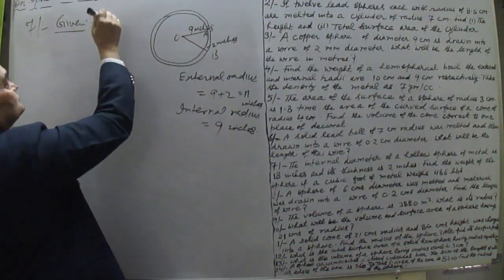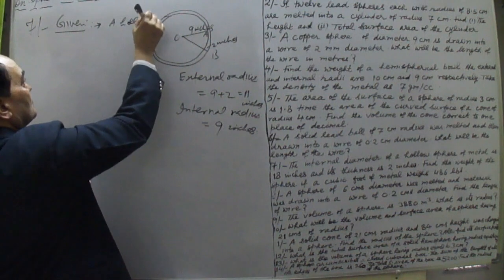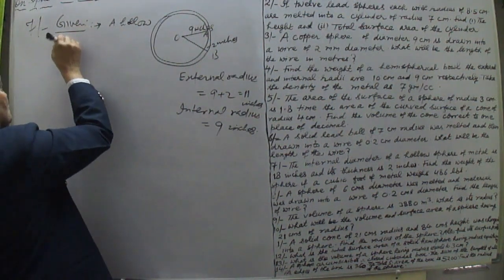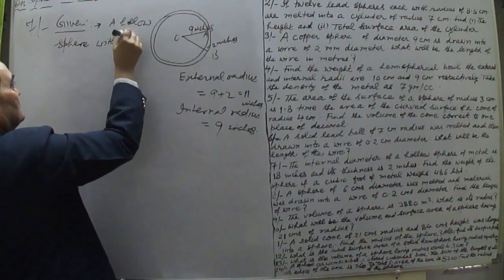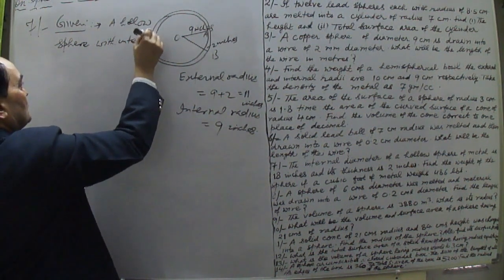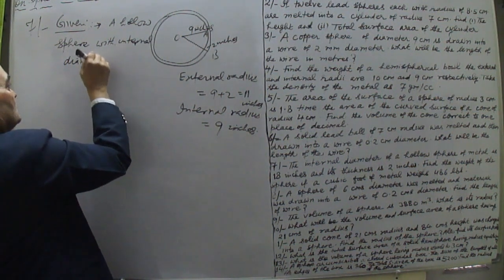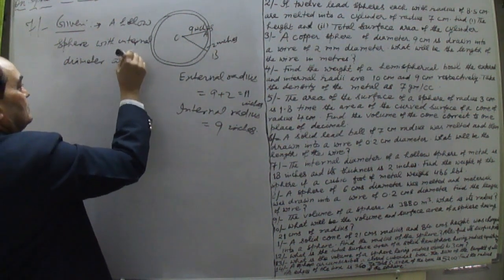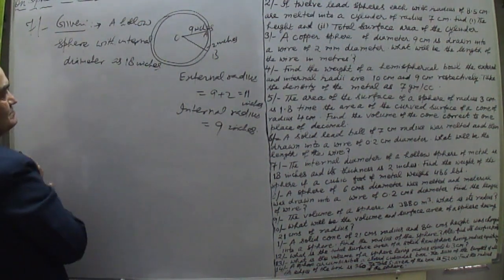What is given to us? A hollow sphere with internal diameter as 18 inches. Try to understand.